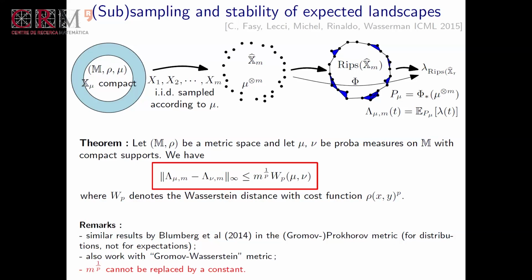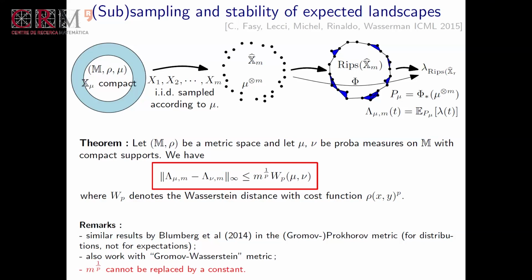These both are functions on R times N. These are expectations of functions, they are still functions. So I can look at the sup norm of the difference between these two expected landscapes. And this is upper bounded by the Wasserstein distance between the two measures times some constant, which is m to the 1 over p.